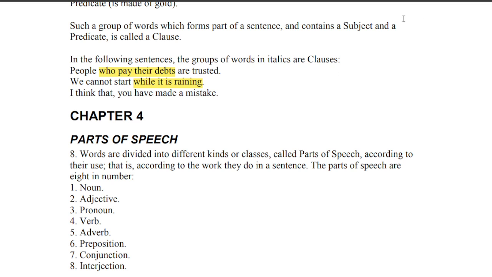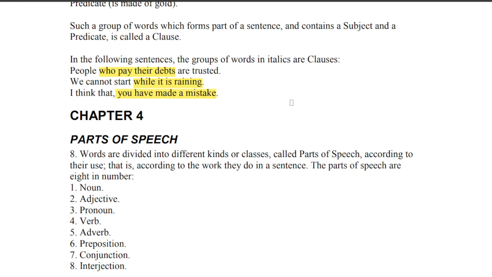But we can also identify another subject and a predicate here. You is the subject, have made a mistake is the predicate. So it is a complete sentence within another sentence. It is our clause. You have made a mistake.